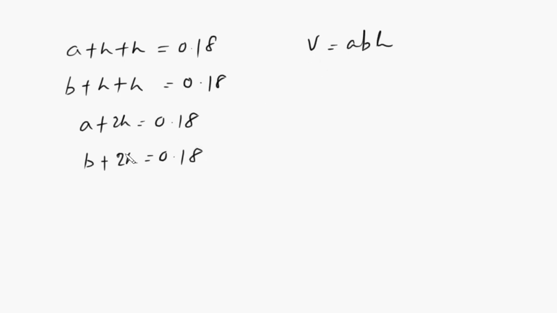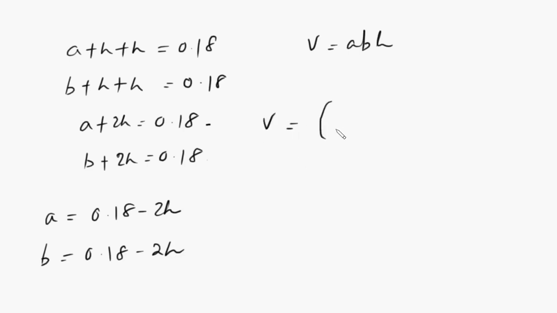From this one, A is equal to 0.18 minus 2H, and from this one, B is equal to 0.18 minus 2H. So my volume is equal to A, which is 0.18 minus 2H, times B, which is 0.18 minus 2H, times H. This is my volume now.